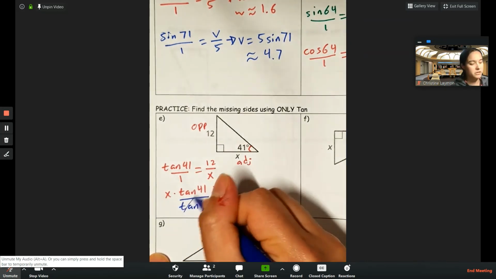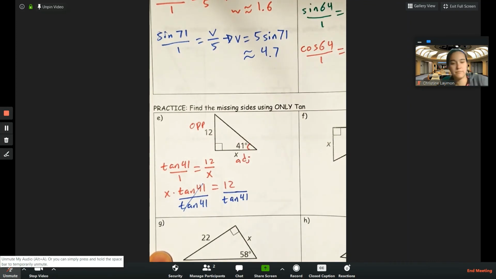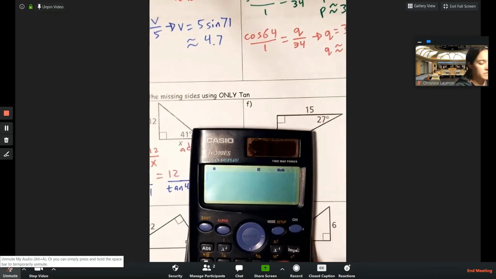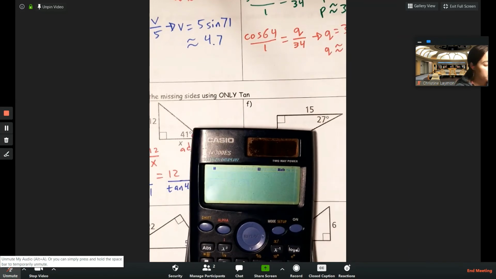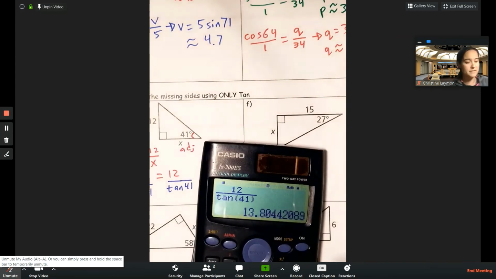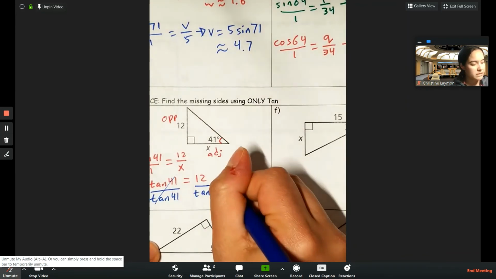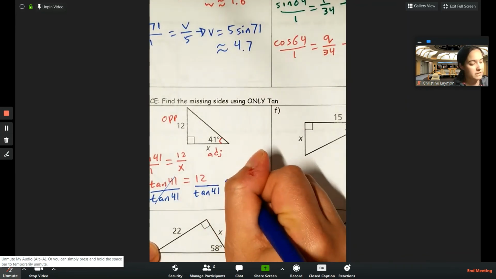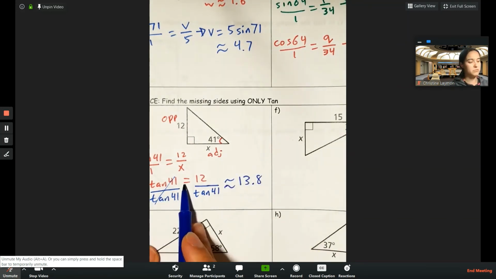So these are gone, so x will equal whatever this is. Time to plug it into a calculator. So, I have my fraction, 12 divided by tan of 41, and we get out 13.8. So in this case, this end answer is approximately 13.8. So x equals roughly this.